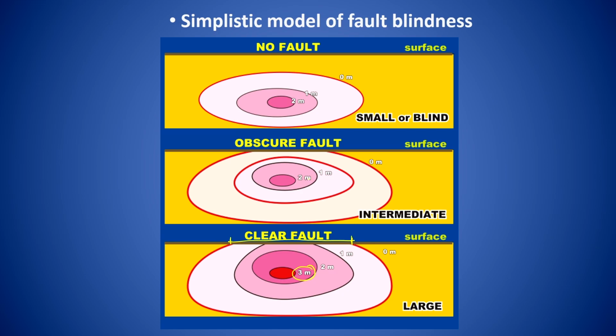Intermediate, of course, the displacement will be comparatively lesser and the rupture may be seen, but it can be eroded because of the erosional processes when the scarp, after the earthquake, has been exposed to weathering processes. But in case of the blind and small magnitude earthquake, what we were looking at in one of the slides previously, we will see no surface faulting.